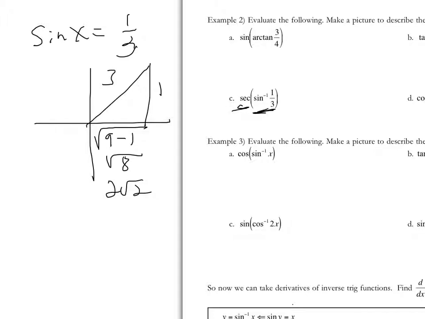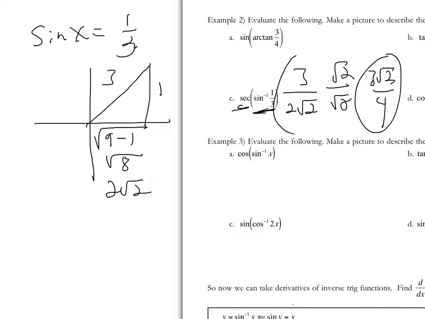Well, the secant is the reciprocal of the cosine, so that's going to be 3 over this. So 3 over 2 square roots of 2. If we rationalize this, square root of 2 over the square root of 2, that's going to give me 3 square roots of 2 over 4. It'd probably be the better way. This is a perfectly fine answer. That's rationalized, though.